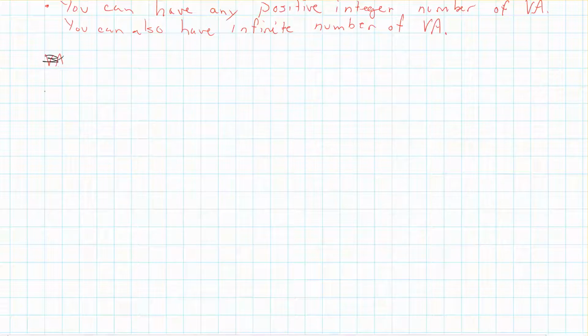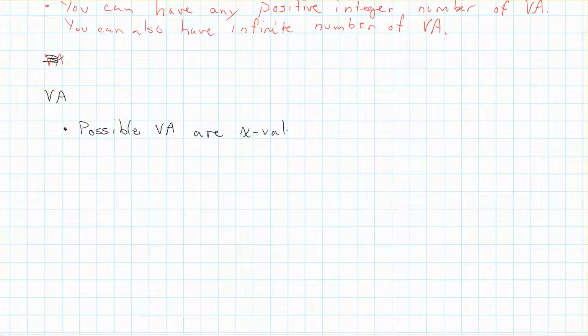I'm going to emphasize that possible vertical asymptotes are x values that make your denominator, remember the denominator we've been representing as d of x, equal to 0.